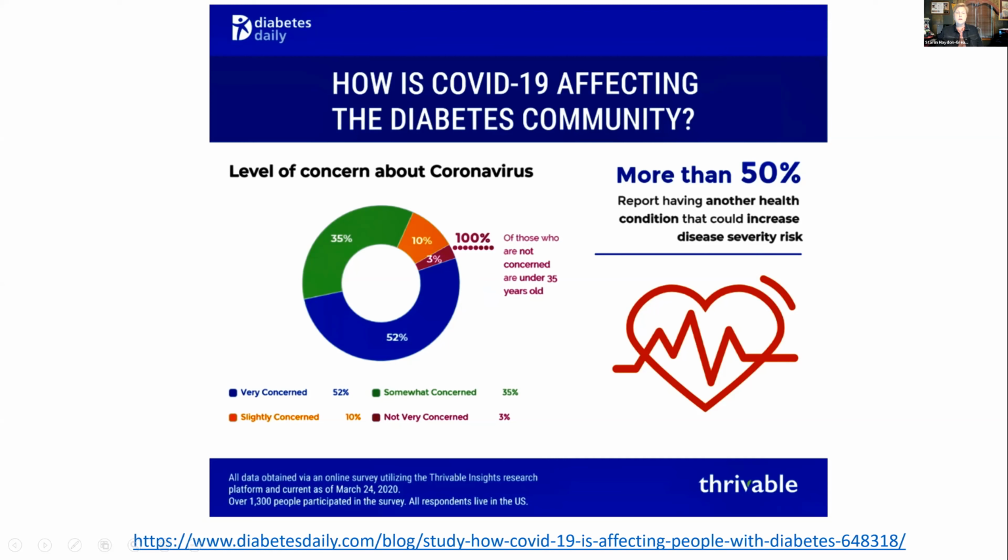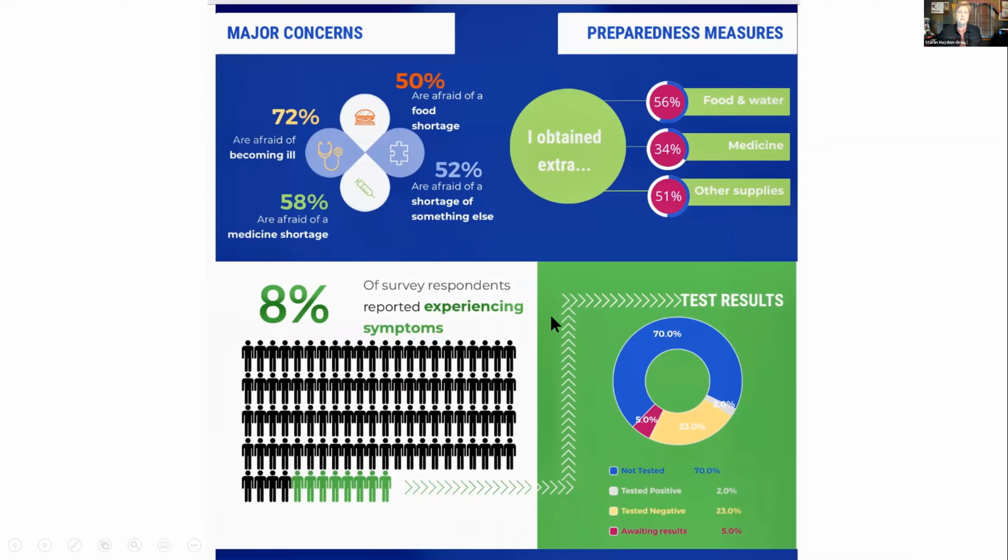So what's important about this is that we have people that are very concerned, somewhat concerned, slightly concerned, or no concern. And so likely the 35-year-olds and under are persons who probably have type 1 diabetes, and they are just at the same risk for cardiovascular events when they're infected with COVID-19.